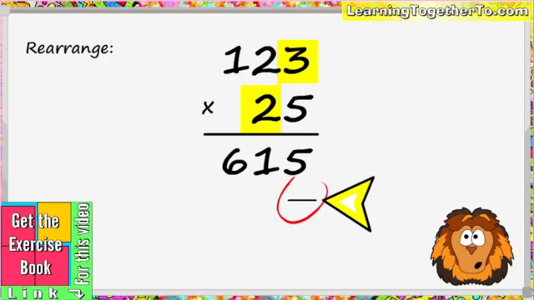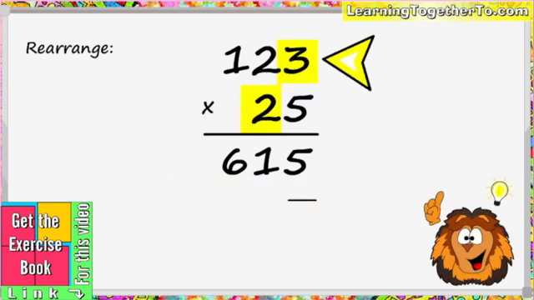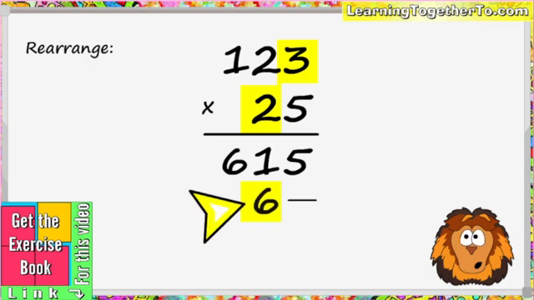This dash marks a space that should not be used and helps to keep the numbers in the correct columns. Okay, Eric, 2 times 3 is equal to 6. Well done, Eric. We write the 6 in the column right next to the dash.